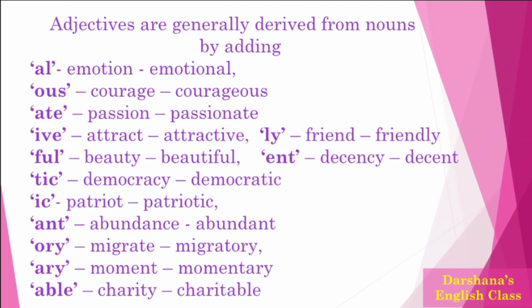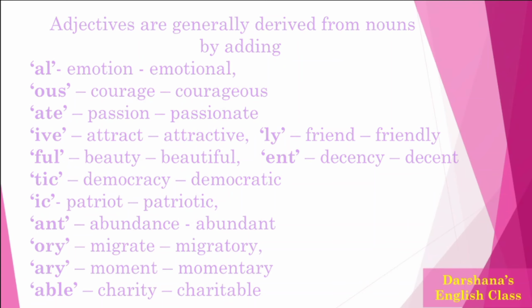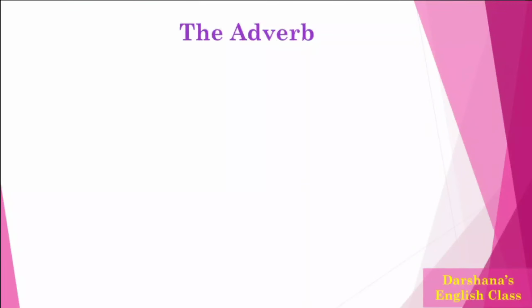The first one, al: emotion. Now it is a type of a noun, isn't it? It is an abstract noun, and we add al, it becomes an adjective. These all are simple techniques and shortcuts to remember how we frame adjectives or how we modify the nouns into adjectives. Let's see the next slide.